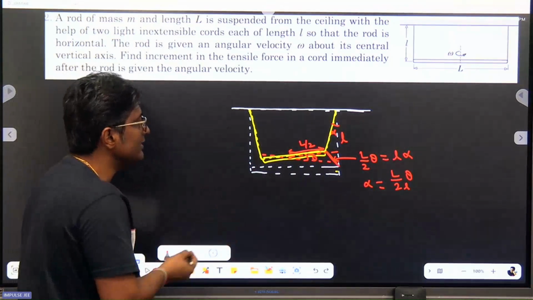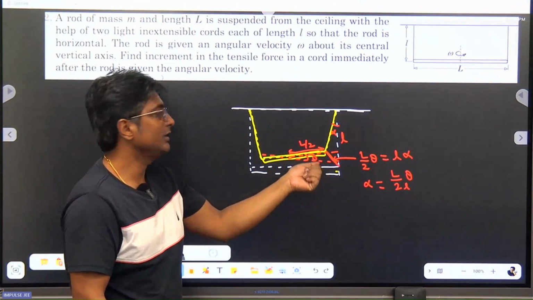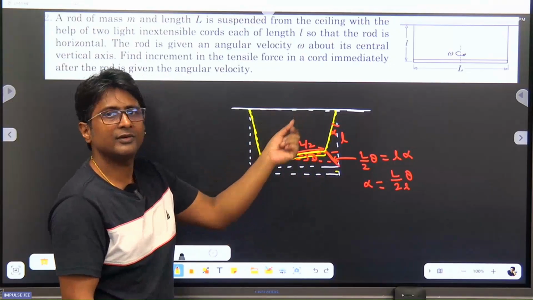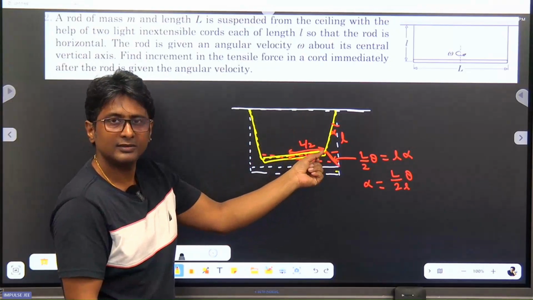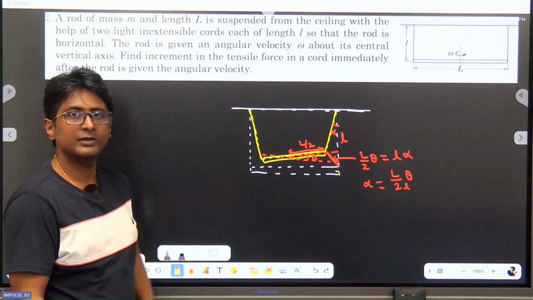So the change in velocity will be due to changing orientation, not in magnitude.